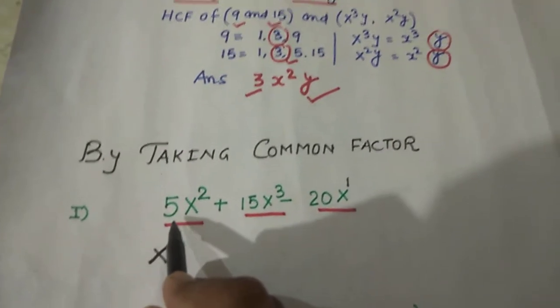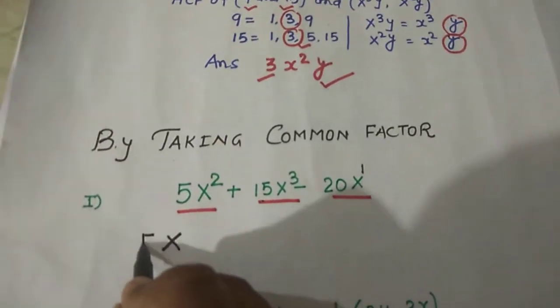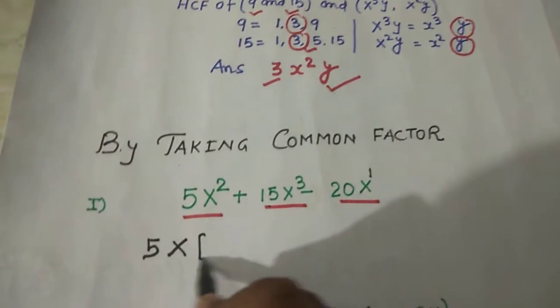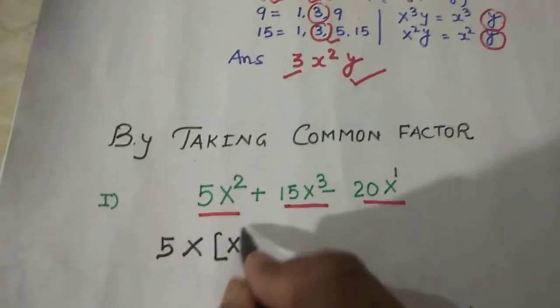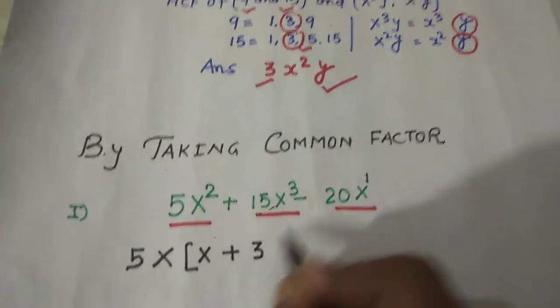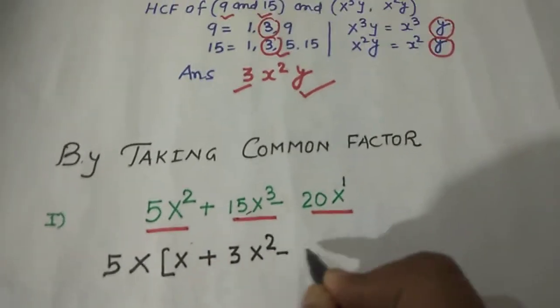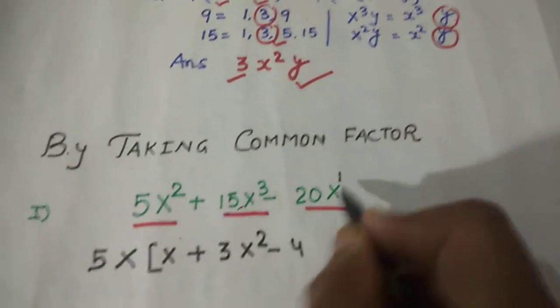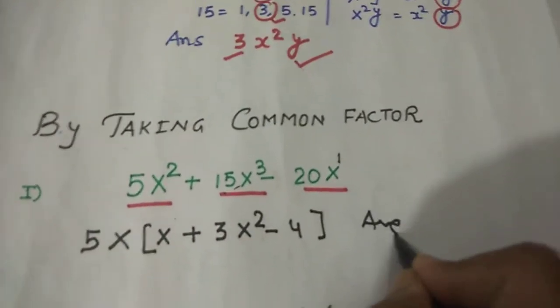And then if you check 5, 5 is common, so take 5. So 5x is taken out. Then in the bracket, x to the power 2 divided by x to the power 1 is x, plus 5 times 3 is 15, so x square, minus 5 times 4 is 20, x to the power 1 already taken. So this is taking a common factor.